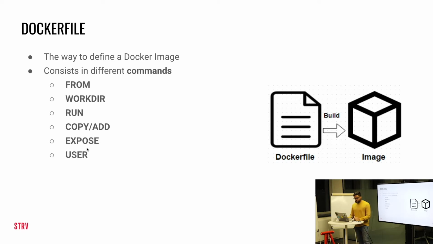So the USER command: by default on Docker, every command runs as the root user. For security, it is important, because there are ways to run Docker containers in privileged mode, which gets some sudo-like powers from the local host.